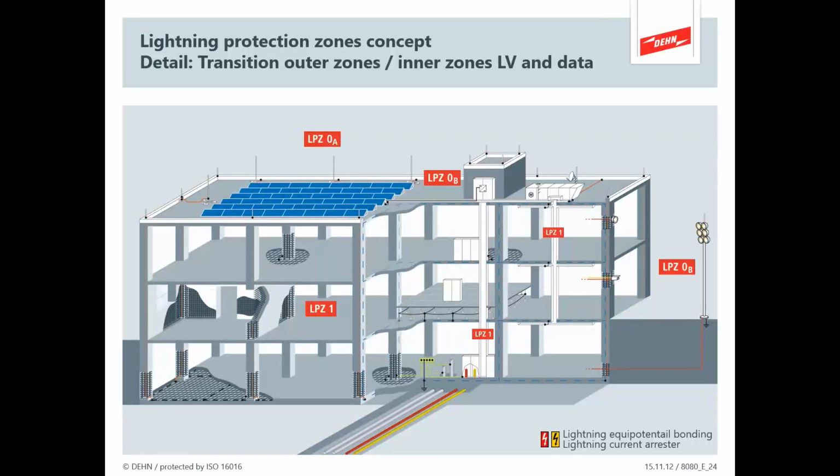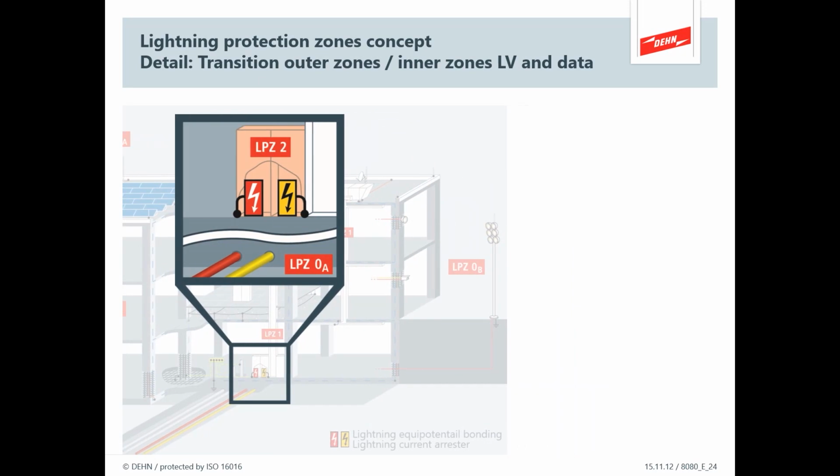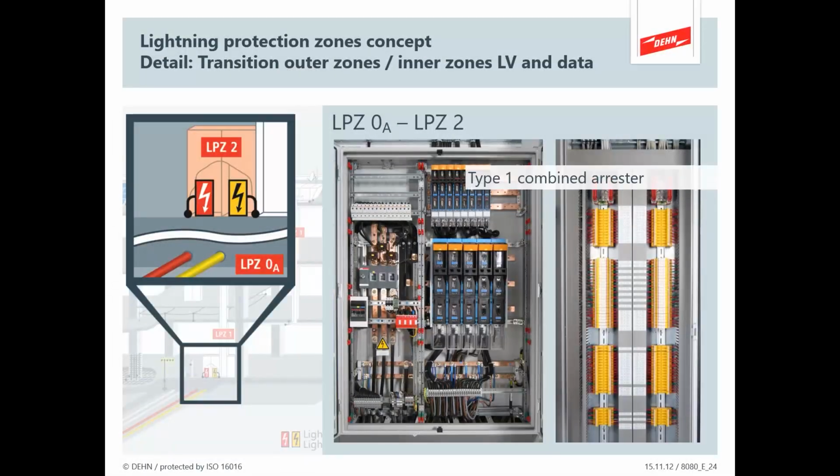So we're going to start looking at some typical, what we call transition zones from an external line to an internal area. And some of this will be LV, as in the location of the main distribution board, but we also have telephone lines coming in. So wherever we have a cable crossing from the external to an internal zone, yes, I'm going to have my main power SPD at the main distribution board, and I will have them on the BT lines coming in.